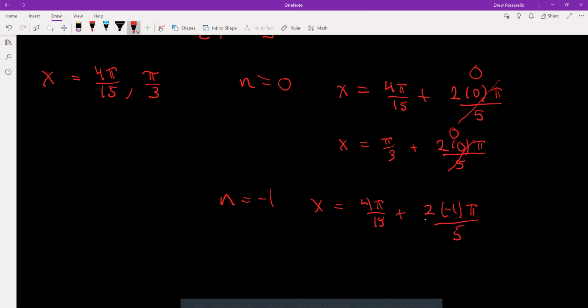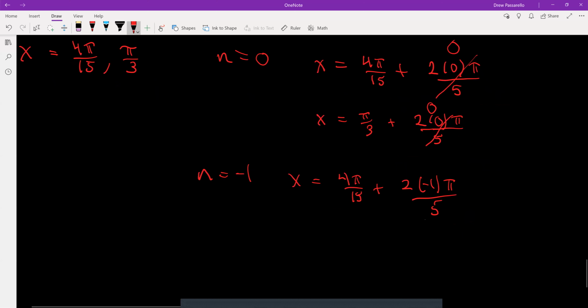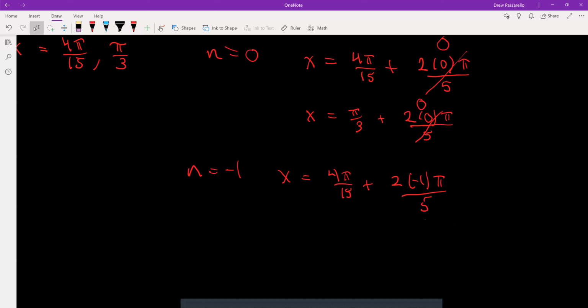And I believe this should be negative when you do 4 over 15 minus 2 over 5. So this is negative, so it's not in our bounds.